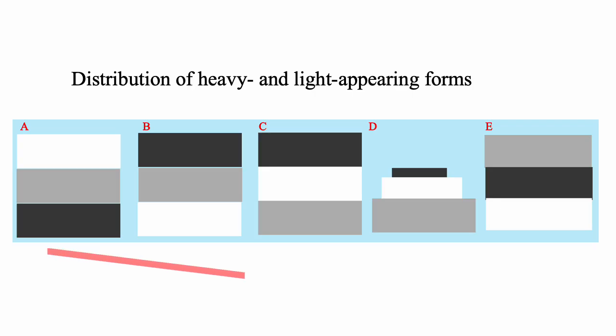Let's look at this distribution of heavy and light appearing forms. In the first one, we see the heaviest dark one on the bottom and white on the top. And it's a pattern that we find pleasing and understandable because it looks like earth and sky.